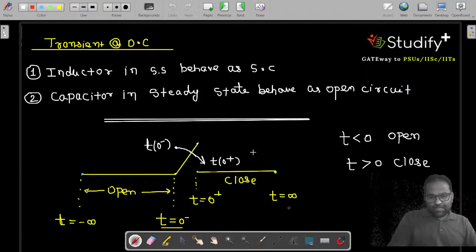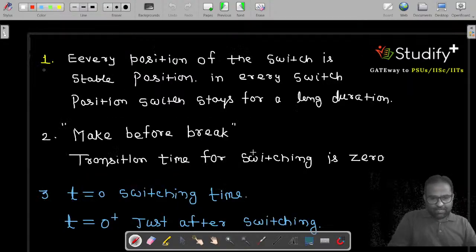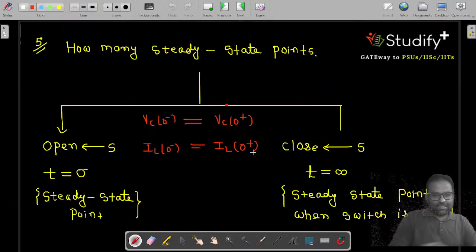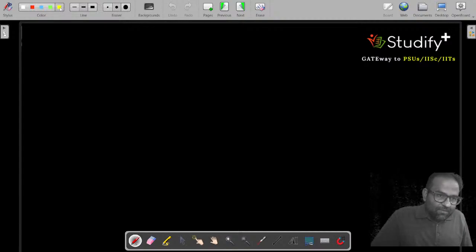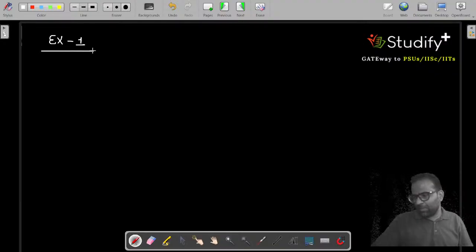So this is our circuit, and let's analyze this. Let's understand the example. From the example, let me make it clear how you can copy V0 minus to V0 plus. Example number 1.